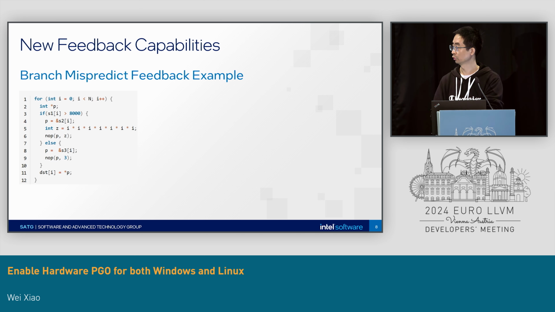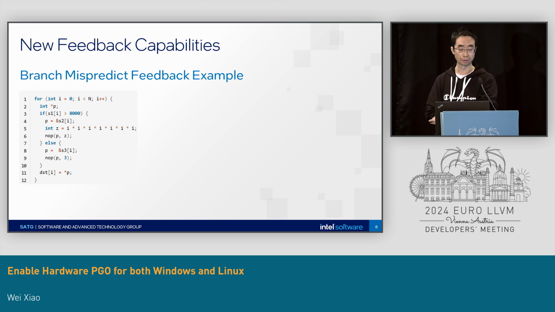But if it's predicted very poorly, then it would be good for us to avoid generating a conditional branch. It's very hard for static analysis to decide which solution would be better. But with hardware PGO, with the new capability we just showed you, we can make a reasonable decision.